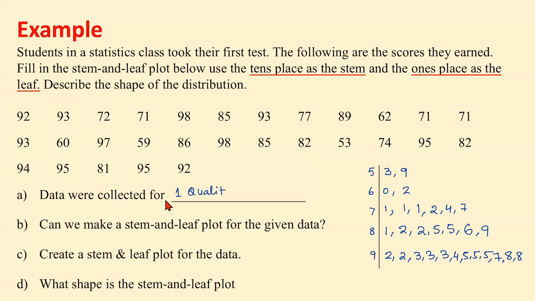I mean quantitative, it's not qualitative, it involves numbers. So the data is collected for one variable because we have a single data, it is just the scores, and it involves numbers, so quantitative variable.